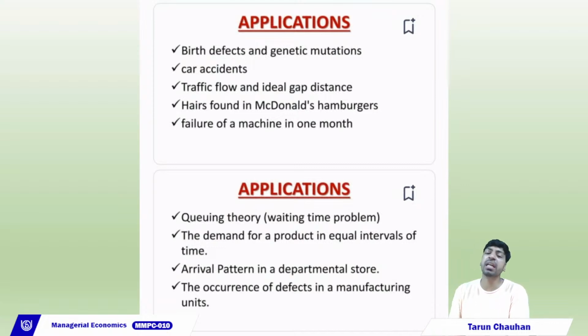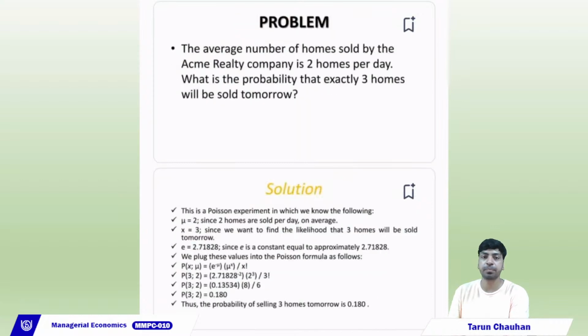Other examples are demand for a product in equal intervals of time, arrival pattern in a departmental store, and the occurrence of defects in manufacturing units, where Poisson distribution will be applied.